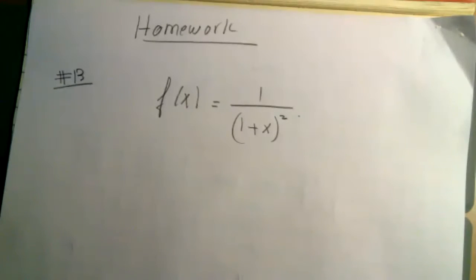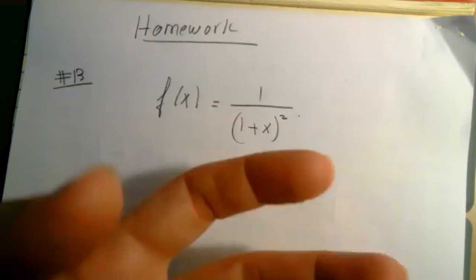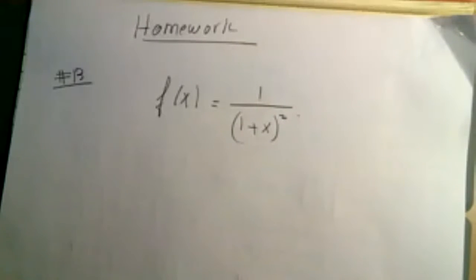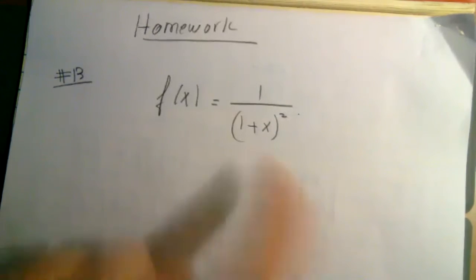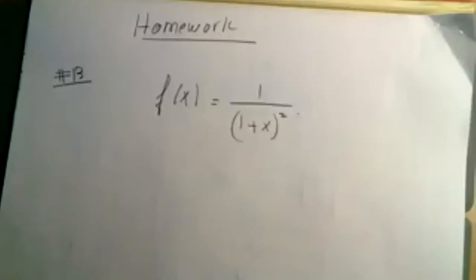It means they want us to start with a series that we know and differentiate it to get to that. So which series do we have to start with? Of course, you're going to have your notes tomorrow, so that's not a big deal.